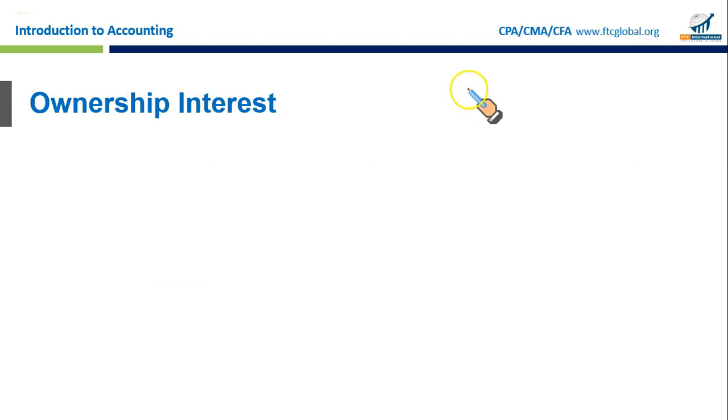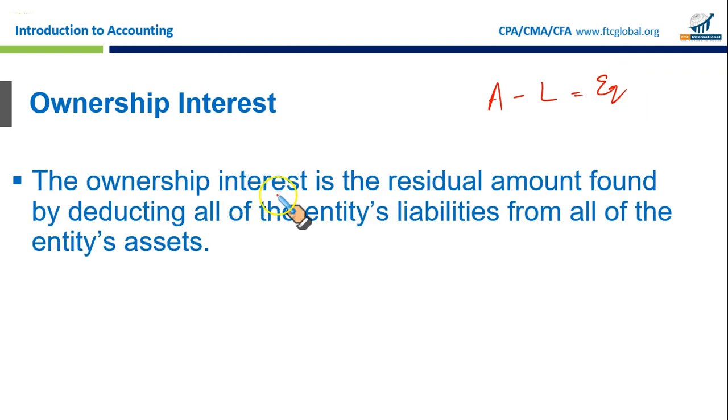Okay, now here we come to the last part of the accounting equation. We have discussed assets, we have discussed liabilities, and assets less liabilities is what you call the owner's equity or ownership interest or the residual interest, right? So the ownership interest, also called the residual interest or the equity, is the residual amount found by deducting all the entity's liabilities from all the entity's assets.